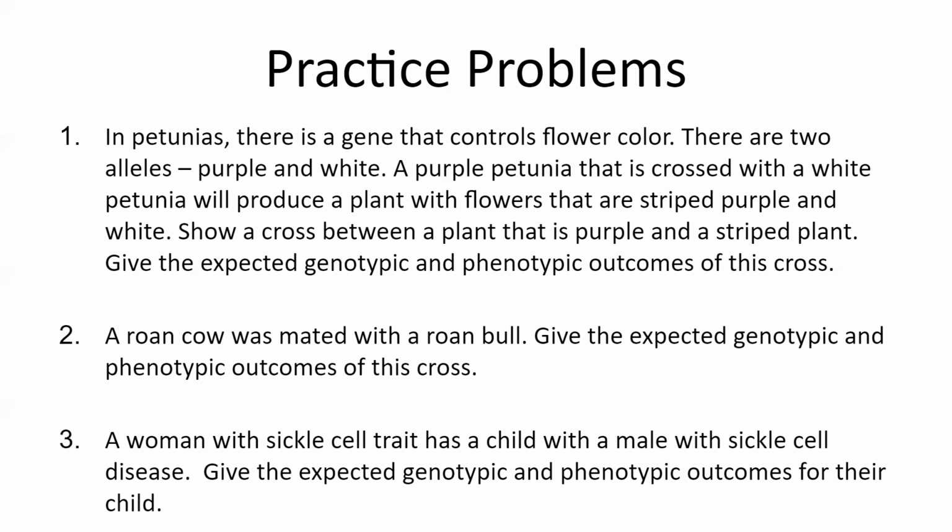My only problem is sometimes when people come up to the whiteboard, they write this big, and then everyone else, that doesn't necessarily mean it. We'll try. Roan means it's red and white splotched together.